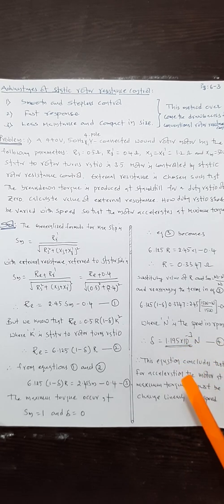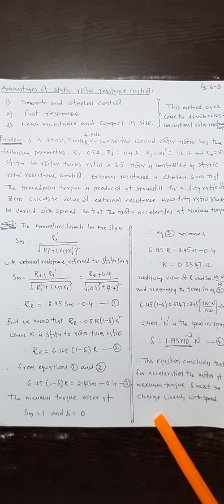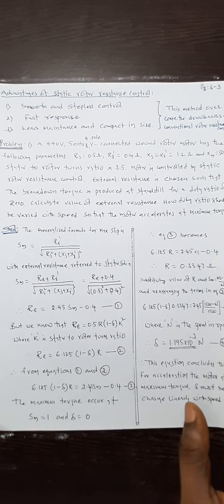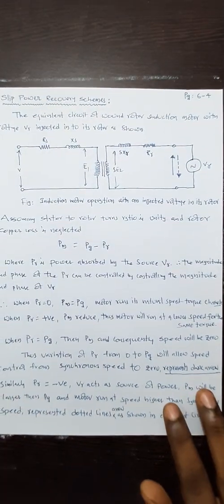Therefore, this equation concludes that for accelerating the motor at maximum torque, delta must change linearly with the speed. So delta is directly proportional to n. This is the problem belonging to the static rotor resistance control. So far the static rotor resistance control is over.